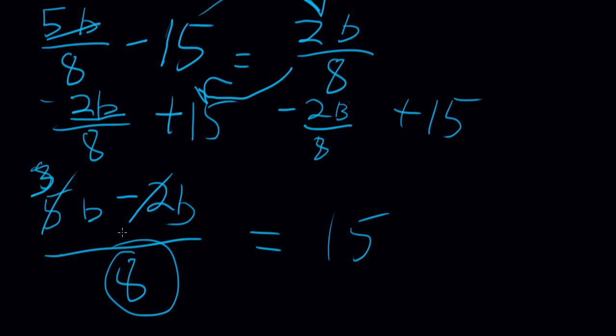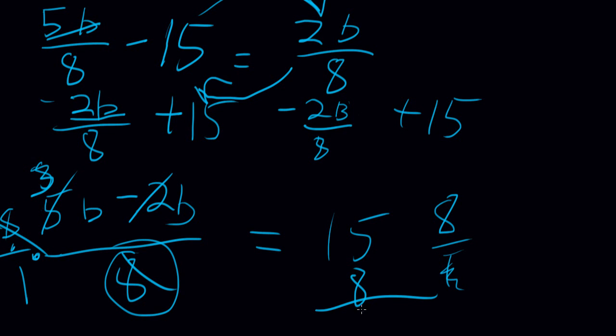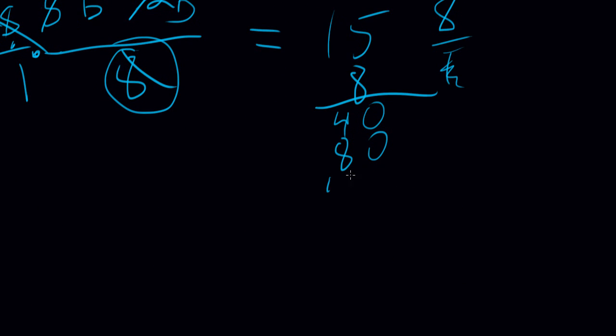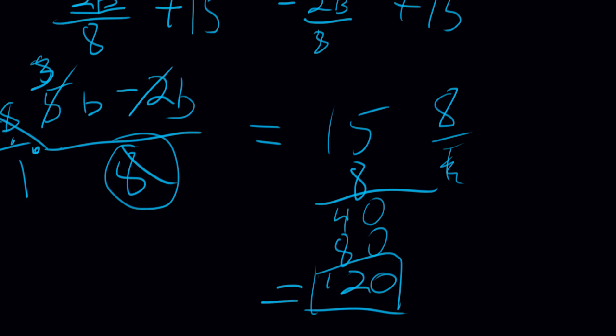Now, got an 8 here on the bottom, so I can multiply by 8 over 1 to get rid of that, which means I have to multiply this side. The 1 doesn't matter. And 15 times 8, oh, sorry about that, 15 times 8 is 120 is my number. So 3B equals 120.